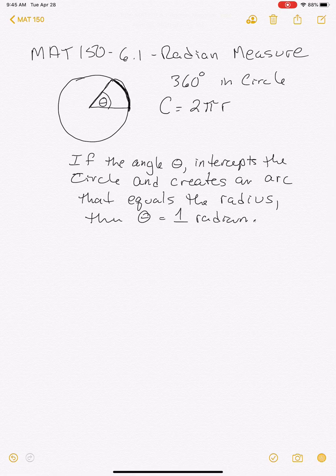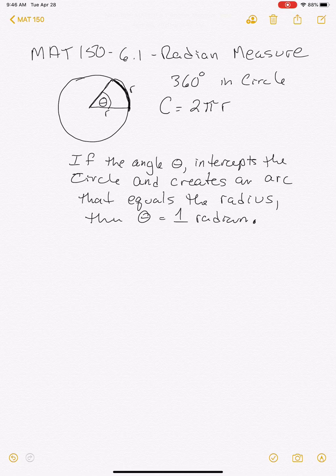It seems confusing, I understand, but it's going to get a little bit easier. In some of the sciences, it's actually easier to work in radians than in degrees. So basically, if this is r, if that's the same as the radius, then theta is 1 radian.